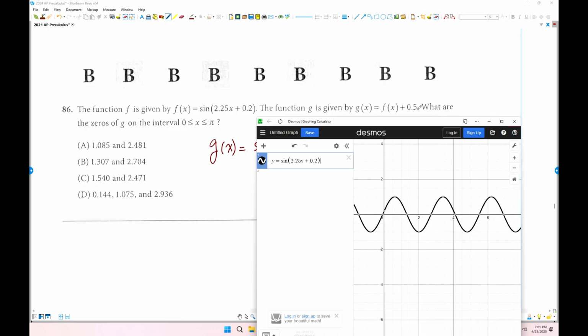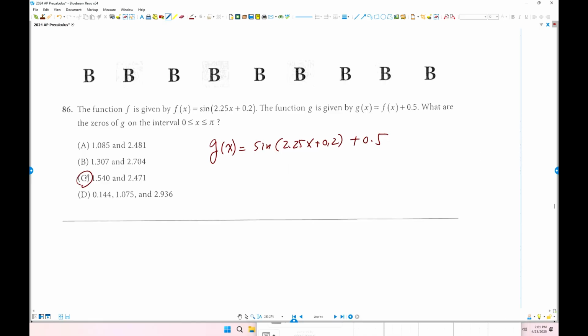The vertical shift moves up 0.5. Can you see that? It moves up, it was down before. Where are the zeros? Here are zeros, here are zeros, a lot. But where is pi? 3.14, right? This one is greater than 3.14, out of range. So we have two values here: 1.54, and the other one here, 2.47, right? So option C is this. Use your graph.